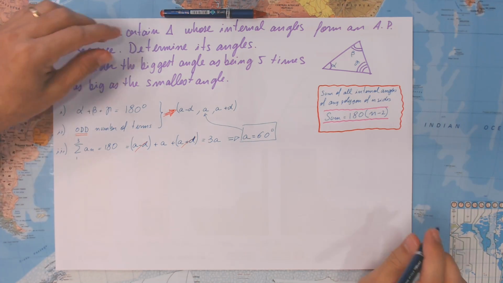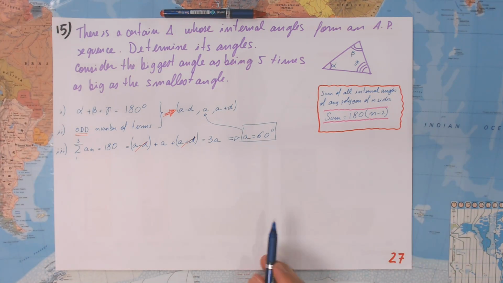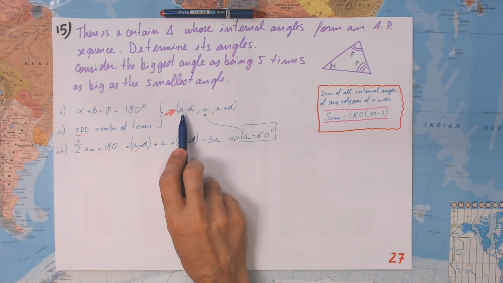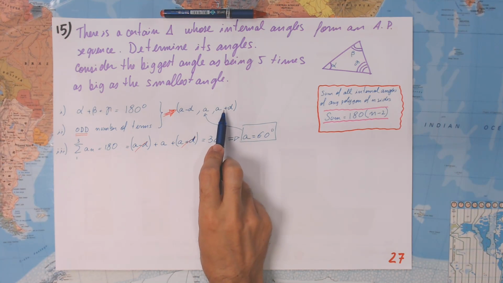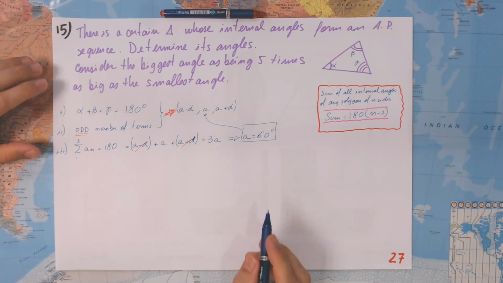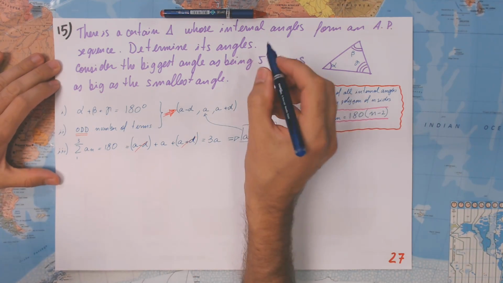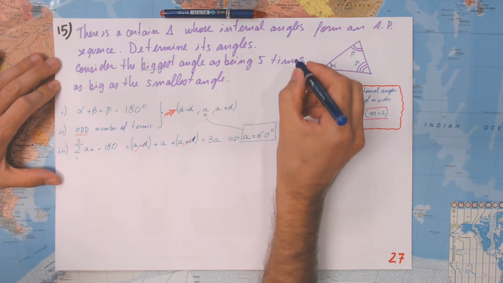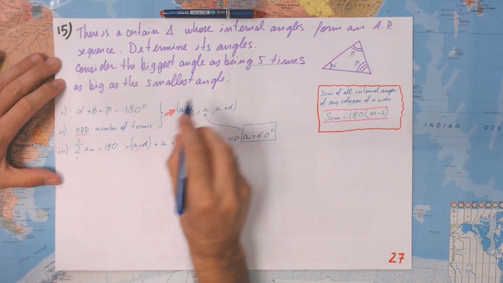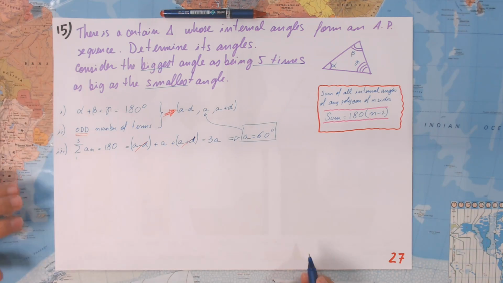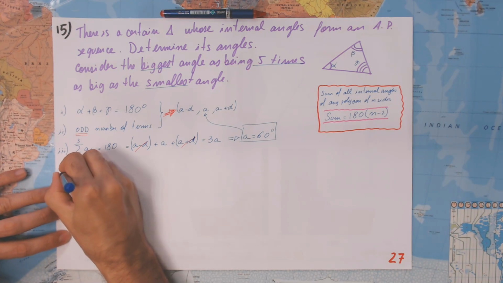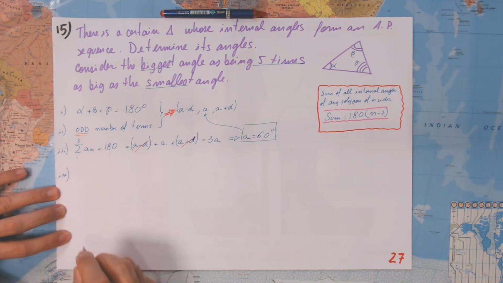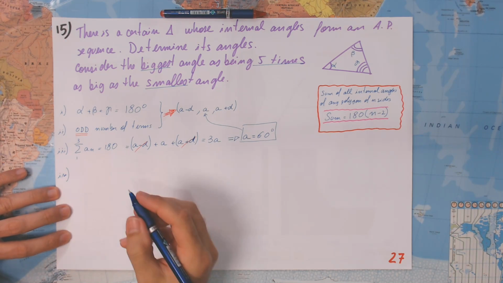Now we need something else. We can't find the first and the third angle yet, and that is why we have to consider this: the biggest angle as being 5 times as big as the smallest one. Now we're going to have a ratio. Okay, what is being said to us?